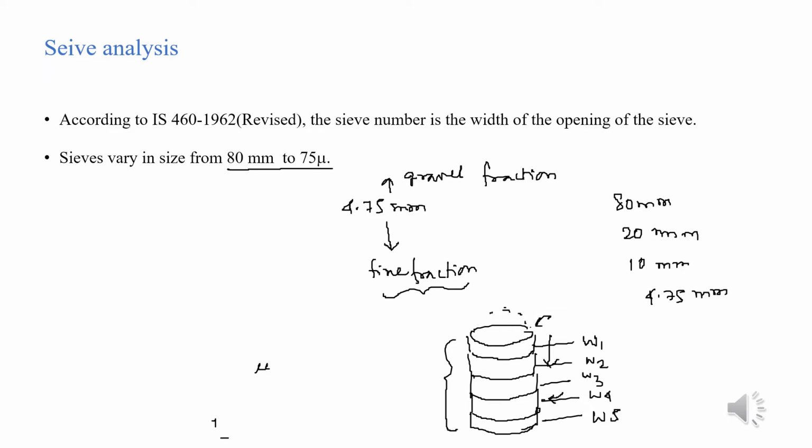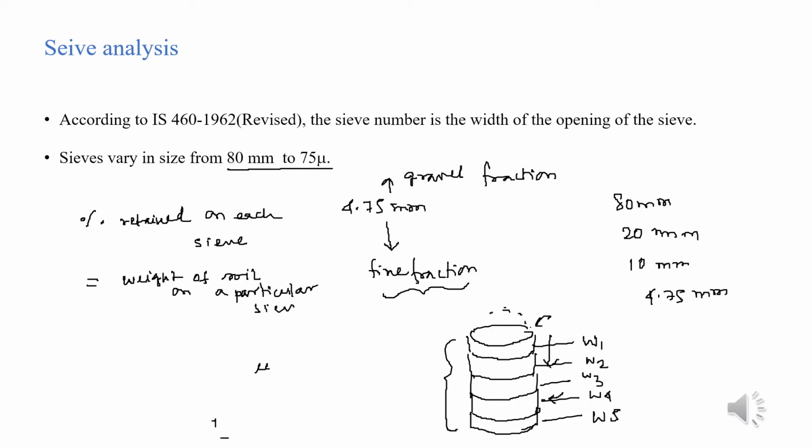We find out the percentage retained on each sieve, which is equal to the weight of soil on a particular sieve divided by the total weight of soil sample taken, right?